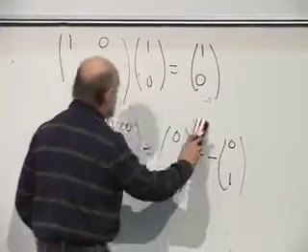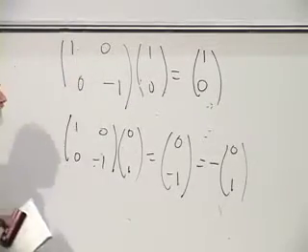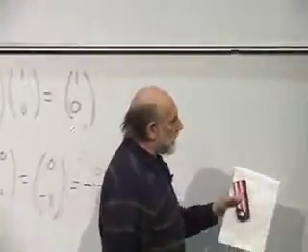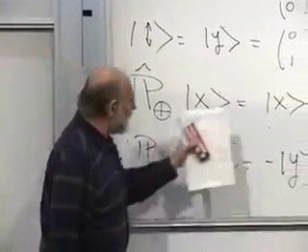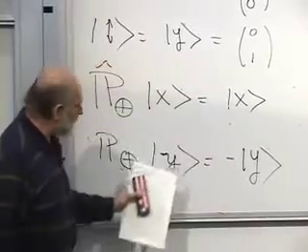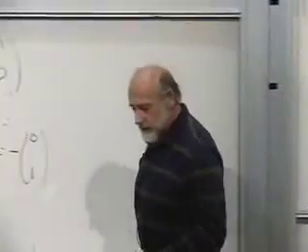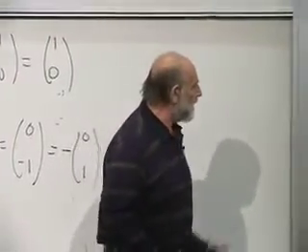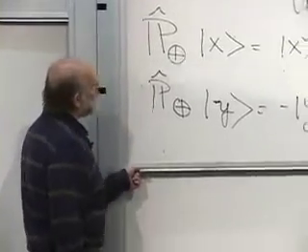So in fact, this operator, or this matrix, is a matrix representation of exactly this operator. When it hits the x polarization vector, it gives it back. When it hits the y polarization vector, it gives minus the same thing. So this object, capital P with a hat on top of it, is the observable.